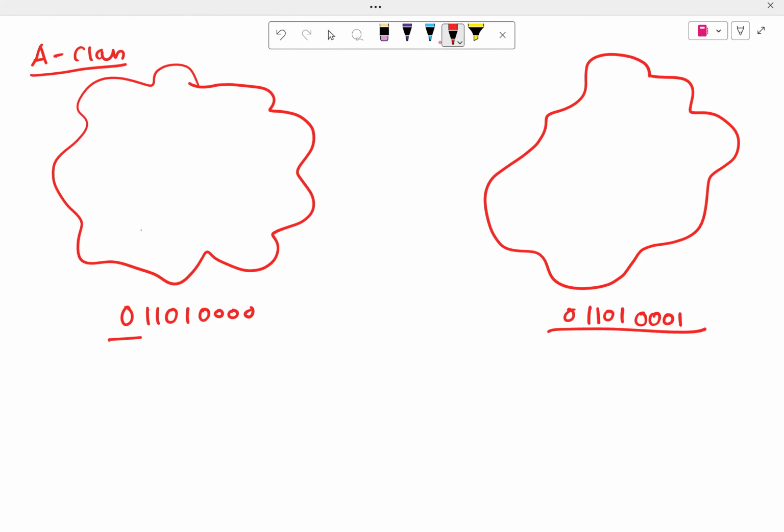So this will uniquely identify these two networks. This has 0 here, this has 1 here. That's why these two networks are different, and they both follow class A. This is classical addressing, and they both belong to class A.